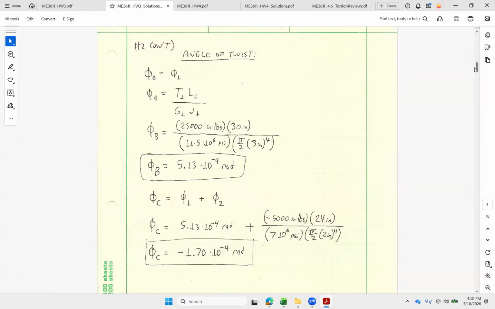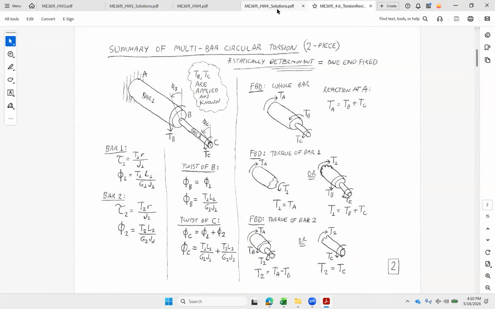So even though we were carrying a much bigger load in bar number 1, because bar number 2 is fairly flexible, it was able to rotate more in this TL over GJ value and get us back to a net clockwise rotation on the end. So everything that we saw on the statically determinate page in action.